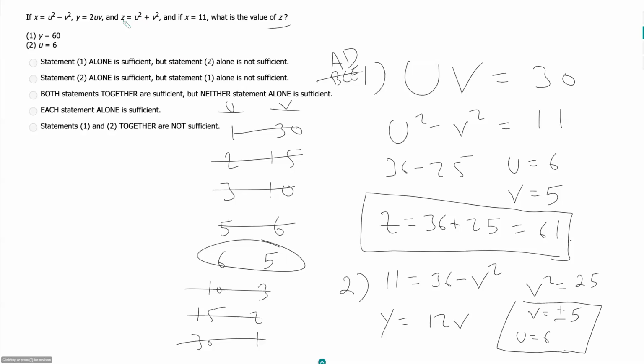Now, if we're looking for z here, does it matter that v can be plus or negative 5? No, because when we square it, it's always going to be 25.